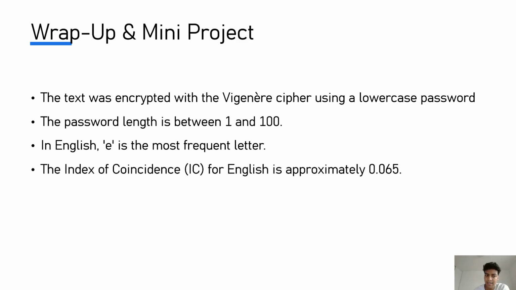Of course, A is the most frequent letter in English, and the last most important point is that we need to use the index of coincidence to find the length of the password.